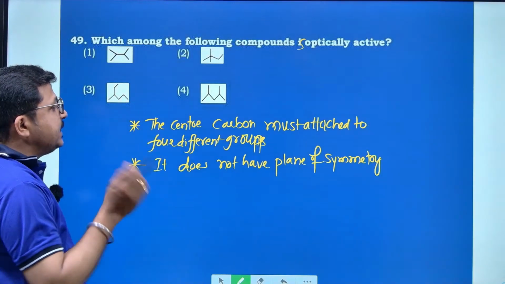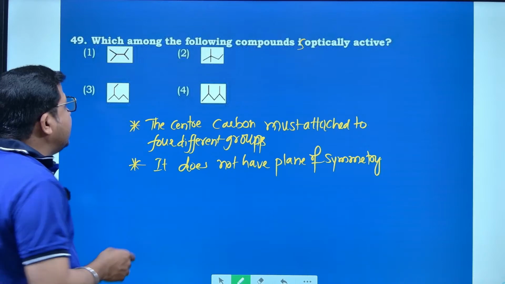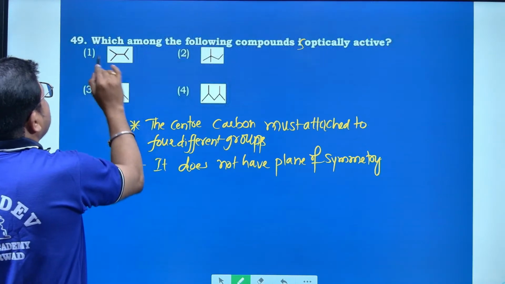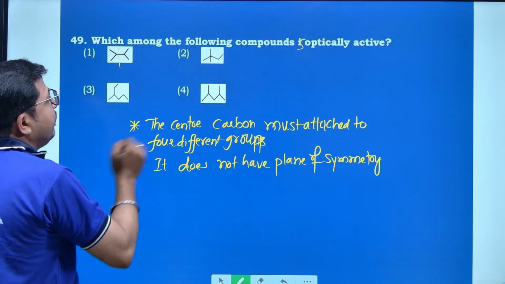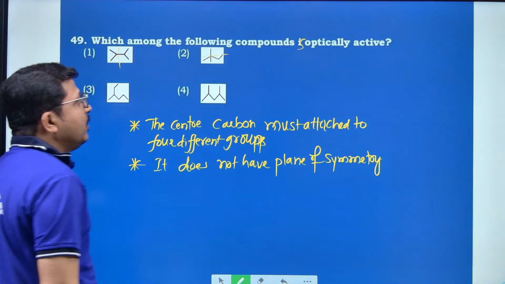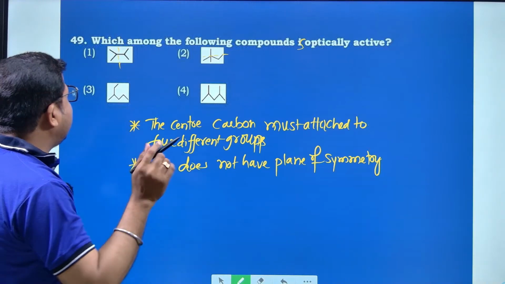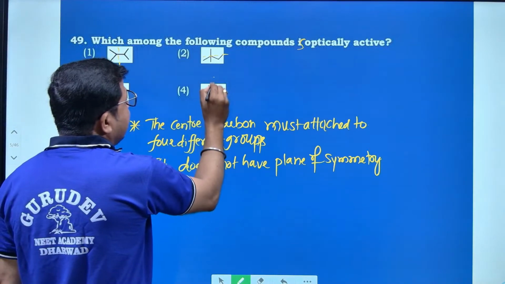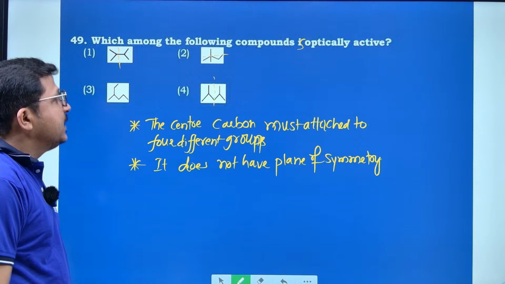So after considering these important points, see here, option 1 is having a plane of symmetry, and option 2 also has a plane of symmetry in a horizontal part, and here also it is having a plane of symmetry.